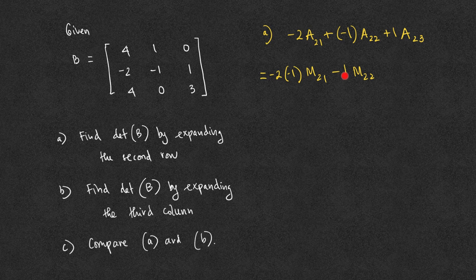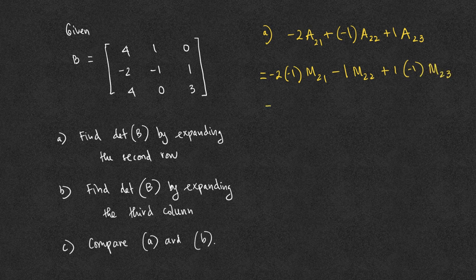This negative sign comes from the -1, not because of the cofactor. The cofactor is positive. And then since 2 plus 3 is odd, the cofactor A23 has a negative sign, so this is plus 1 times -1 times the minor 23.